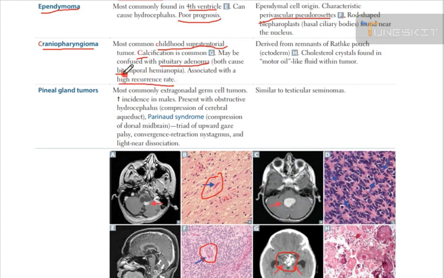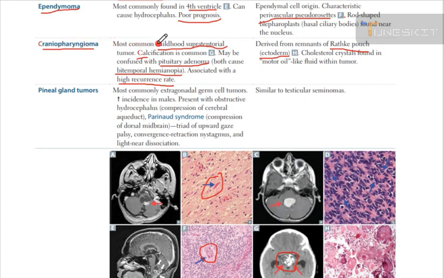Both cause bitemporal hemianopia. It is derived from a remnant of Rathke's pouch, which is ectoderm. It also has cholesterol cysts, with motor oil-like fluid within the tumors. Let us see it again.